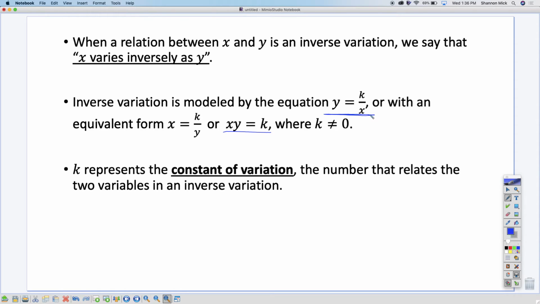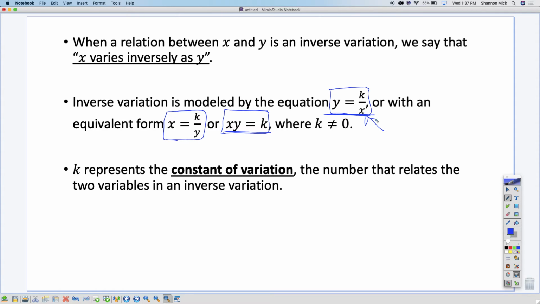Okay, so do all three of these things say exactly the same math? Yeah, but we tend to write equations y equals. So when it asks you the question on the ACT, it may say which equation models x varies inversely to y. I'm trying to make up something, who knows what it says. And it's going to have it in this form. Or if it's choose all that apply, they could give you all three.